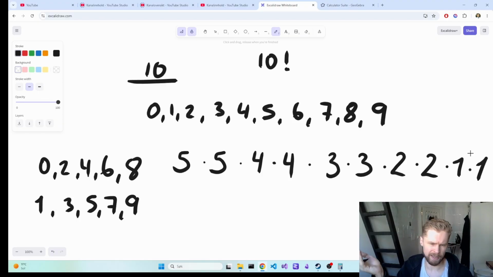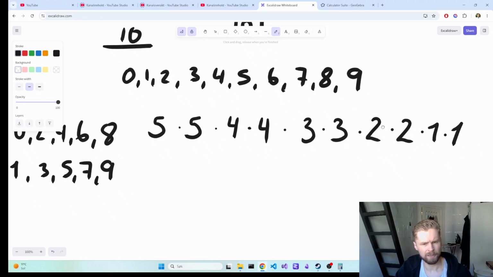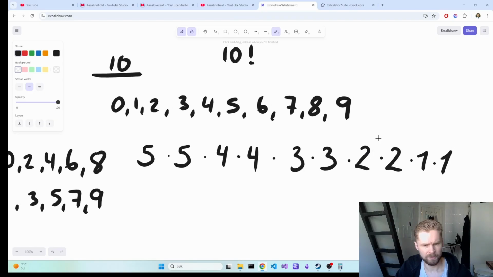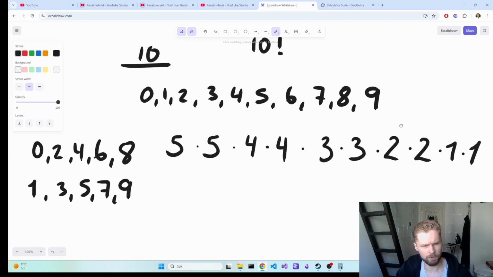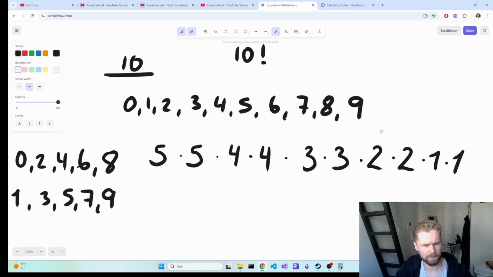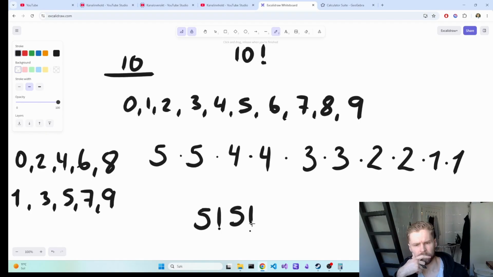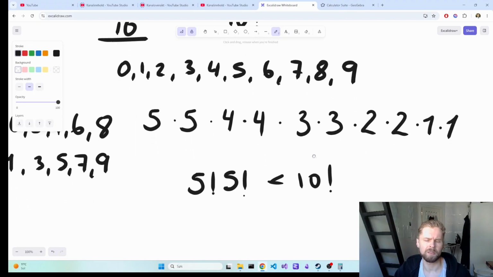Because what is this? This is basically 5 factorial times 5 factorial. So are you telling me that this will be less than 10 factorial? Because if that is the case, I'm kind of fine with it.